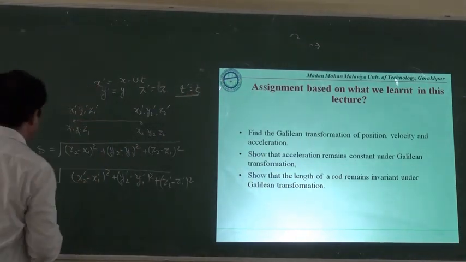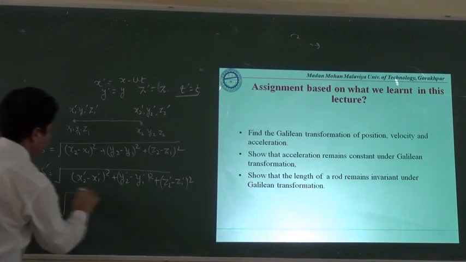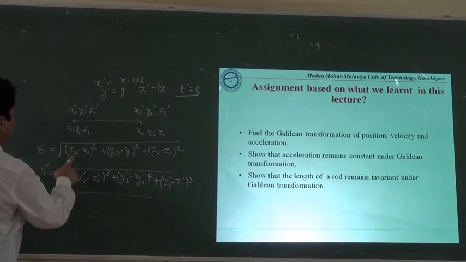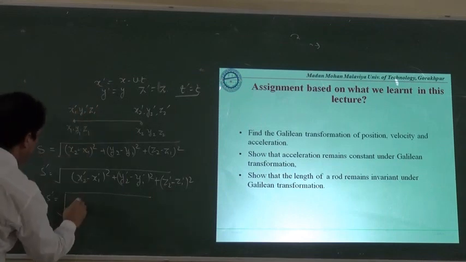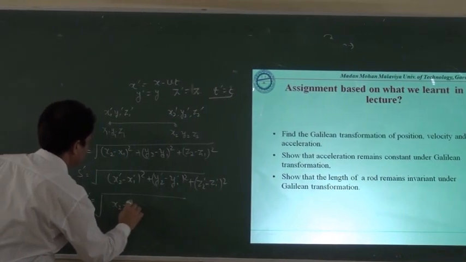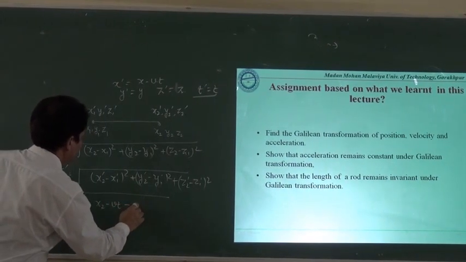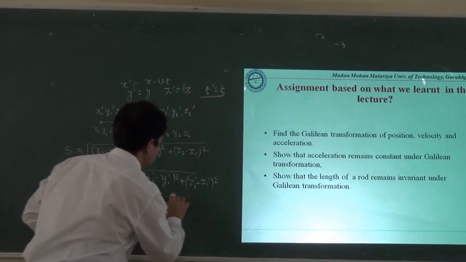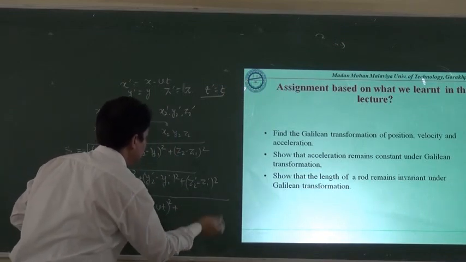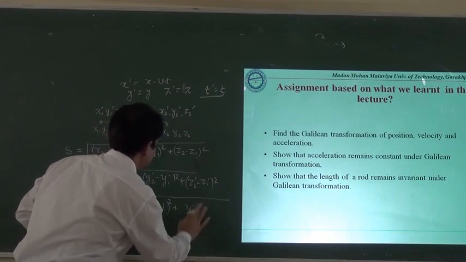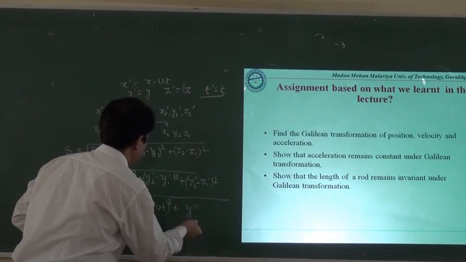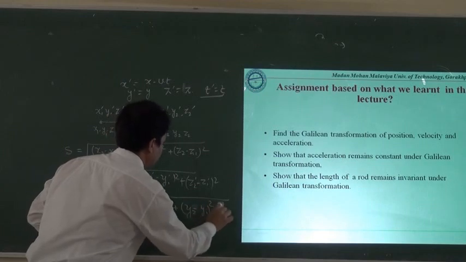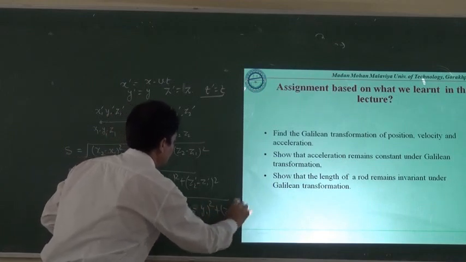Here if we put these values, then s dash is equal to the square root of (x2 minus vt minus x1 plus vt) whole square, if we take the transformation equation corresponding to the Galilean suggestion, because y2 dash is equal to y2 and so on, then (y2 minus y1) whole square plus (z2 minus z1) whole square.